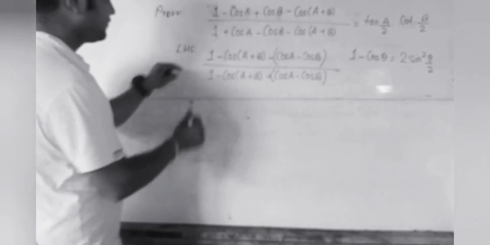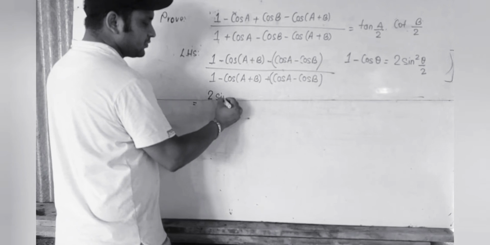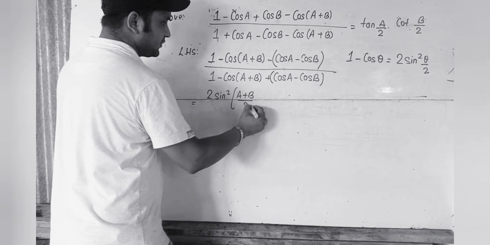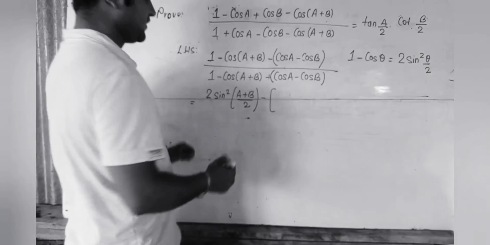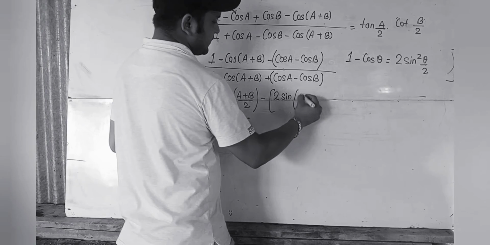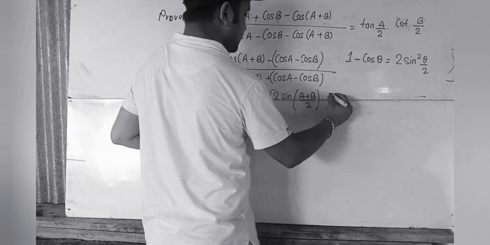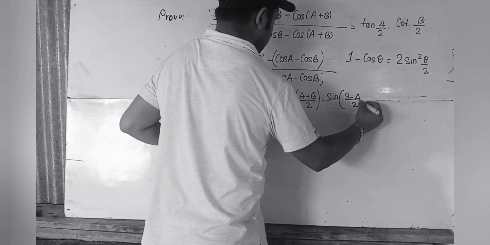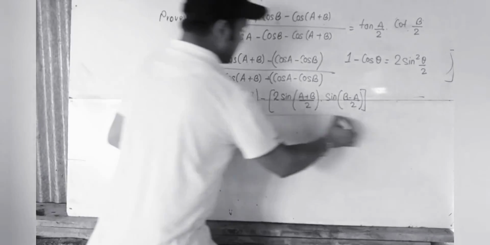So we assume this to be 1 minus cos theta, and according to the formula we will have here 2 sin square theta by 2 minus, now here we can use the formula of cos C minus cos D, which is 2 sin (C plus D) by 2 dot sin (D minus C) by 2. I use the formula of cos C minus cos D here.